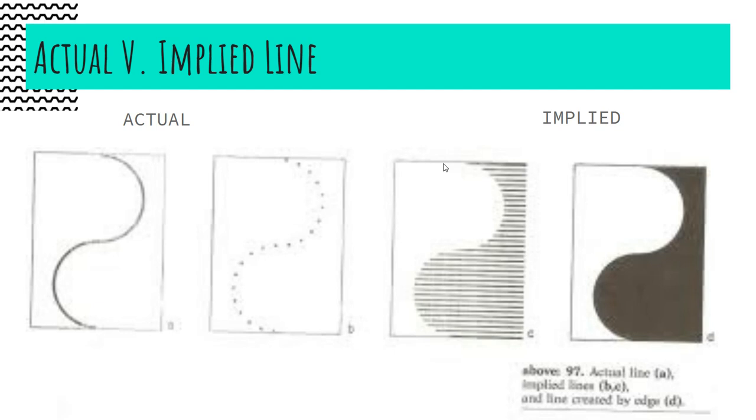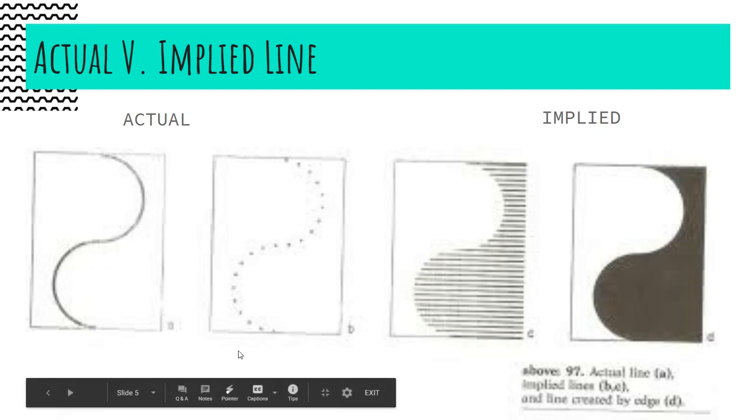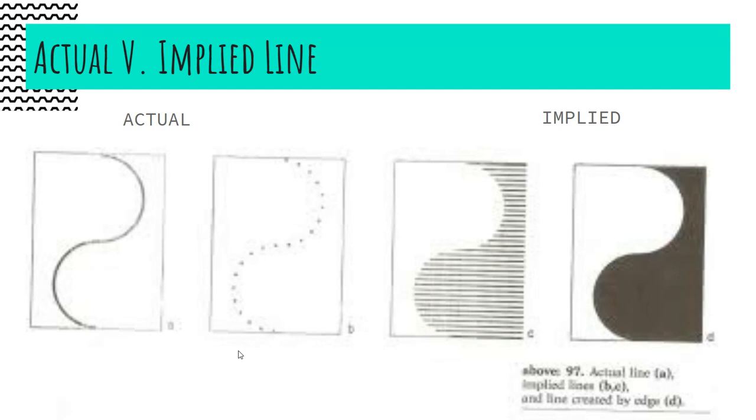All right, so an actual line versus an implied line. So an actual line means that you just draw this line, and there it is. Now, implied means that you have used other lines, objects, shapes to create the idea of a line, but it's not actually connected together to make a line.